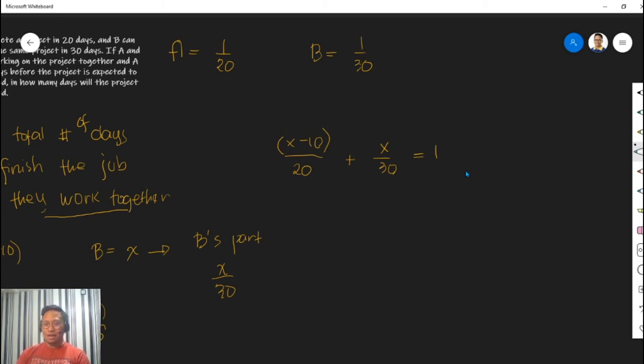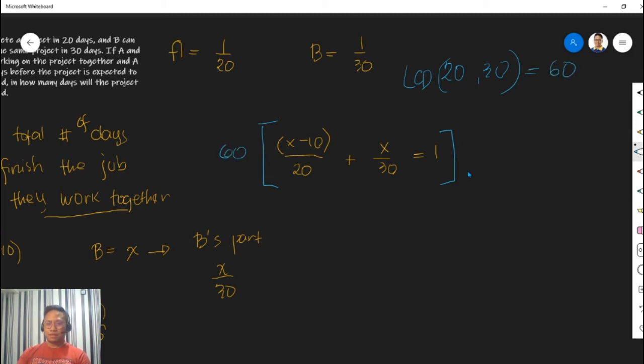This is going to be very easy. We're just going to multiply both sides by the LCD of 20 and 30. The LCD of these two values is 60.